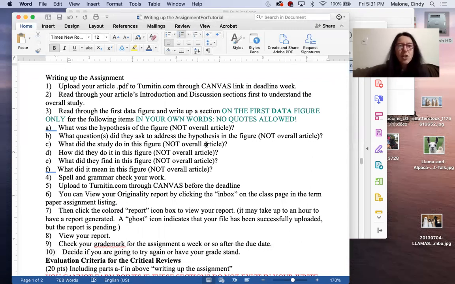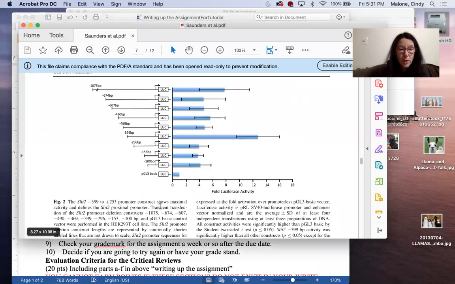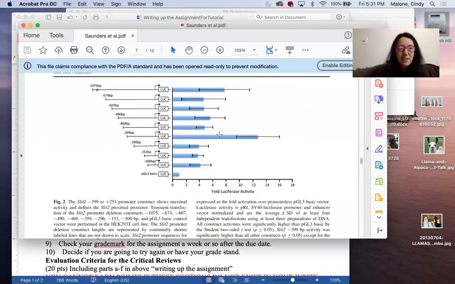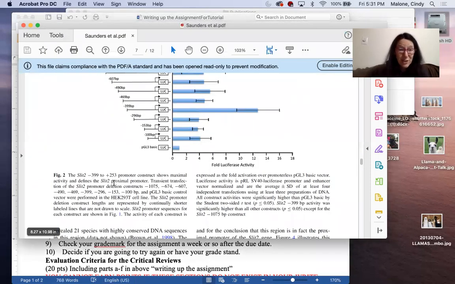Okay, what did the study do in the figure? What did they do? They did a transient transfection of promoter deletion constructs. That's it. Easy. How did they do it? Well, let's look in here. They took these constructs and they compared it to the basic control and they transiently transfected a cell line.